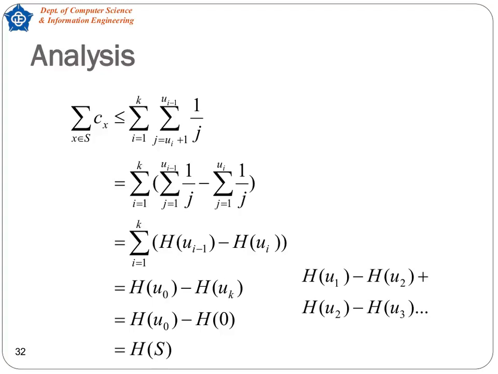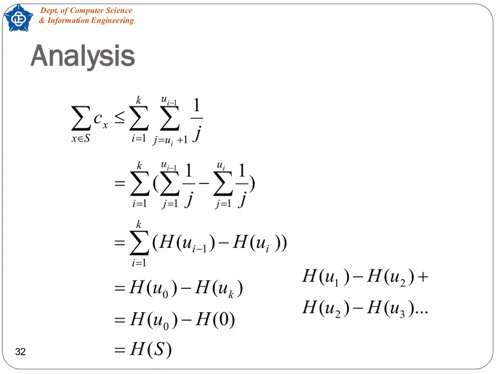Observe that each inner sum from j equals u_i plus 1 to u_{i-1} can be expressed as the difference of two partial harmonic sums: the sum from j equals 1 to u_{i-1} of 1 over j minus the sum from j equals 1 to u_i of 1 over j equals H of u_{i-1} minus H of u_i.